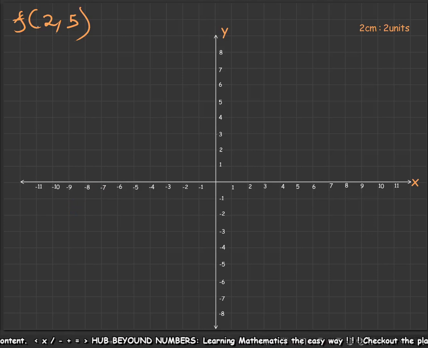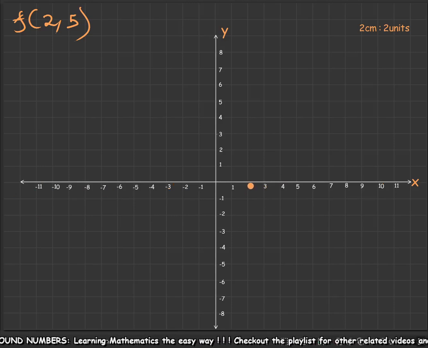Let me locate this point over here. That is my (2, 5). So on my x-axis, I look for my 2. Then I move up 5 places. So on 2, I move 1, 2, 3, 4, 5. And now this here is going to be my A.